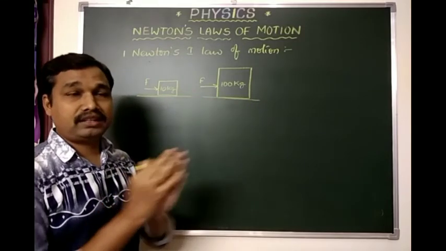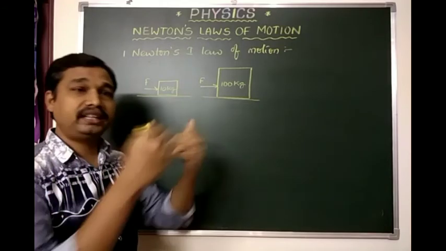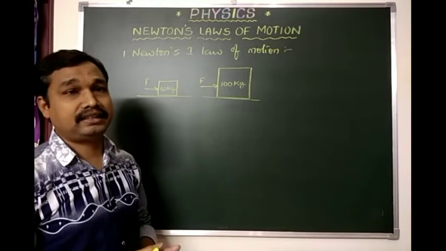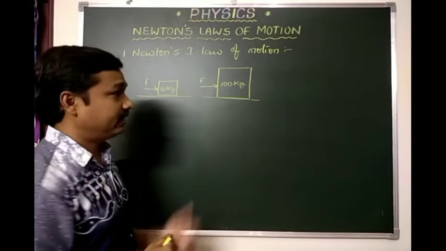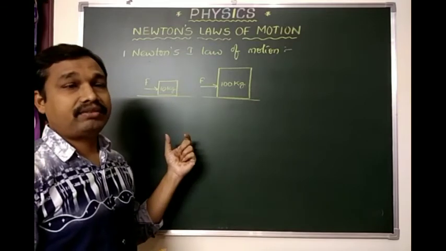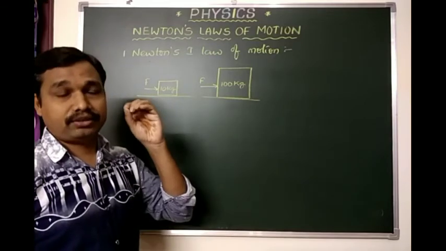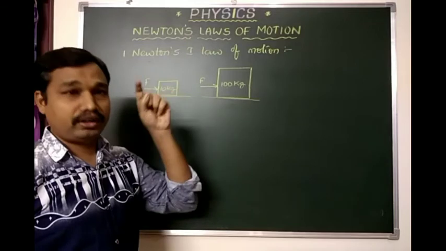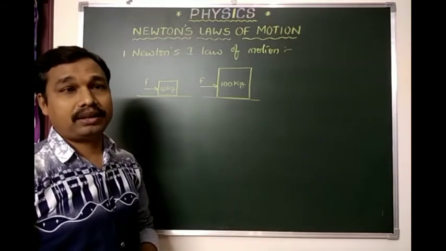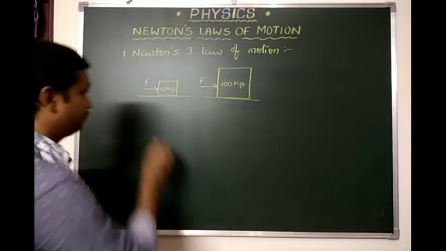If it is moving in a straight direction, it wants to continue in that direction until and unless an external agent is acting. The tendency of a body to continue in its state of rest, or in uniform motion, or moving in a straight direction, we call it inertia.